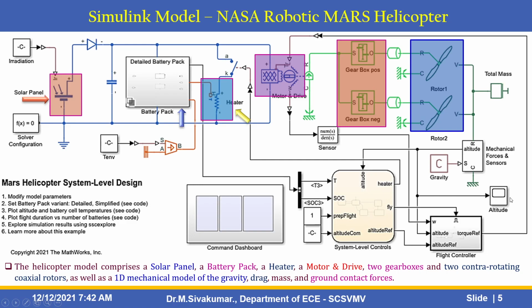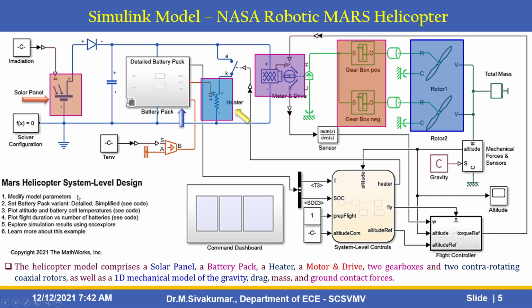Also a scope is available to measure the attitude measurements. In this flight controller subsystem, there are system level controls, and to make the simulation interactive, command dashboard functions are also there. Let us see the detailed model. Here the reusable code is also there.